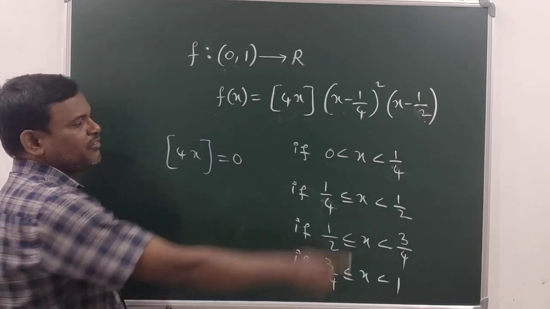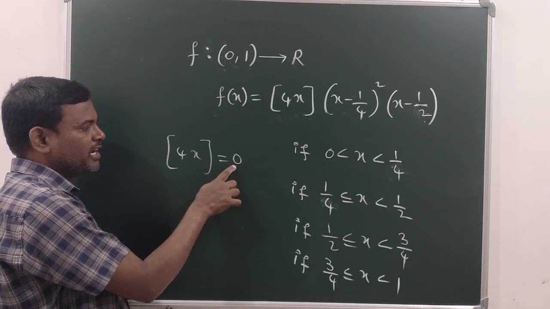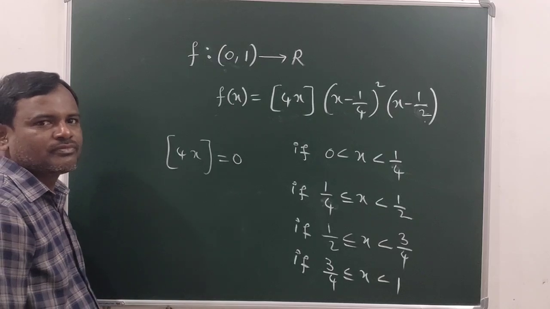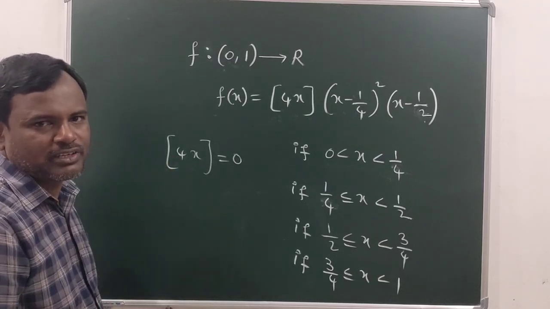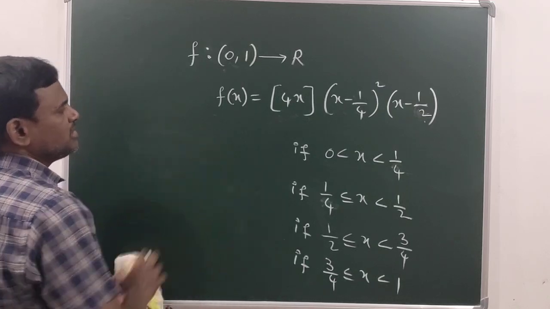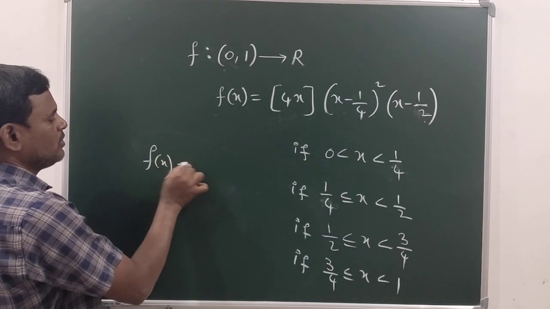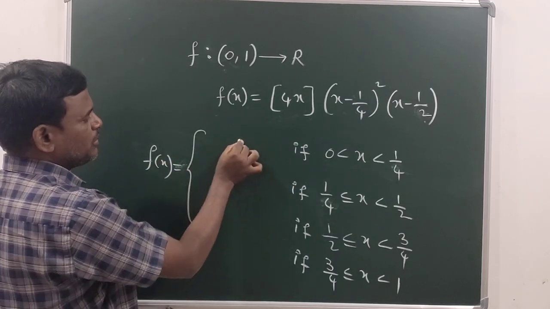Am I right? If you take any value and substitute here, you get 0 point something, and the greatest integer of 0 point something is 0. Hence this function f of x is going to be 0.